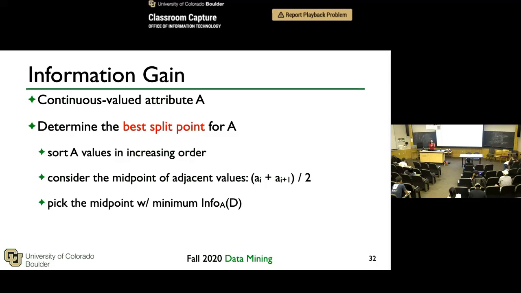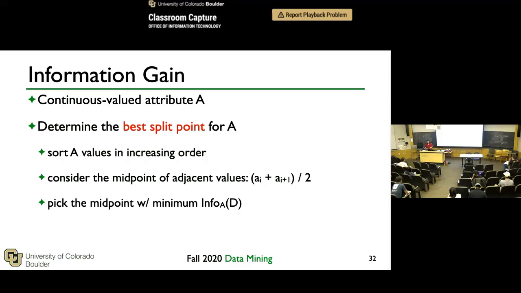As I said, if you need to enumerate all of them, it takes too long. So usually you need to look at what may be a reasonable split. Here they say to pick the midpoint with the minimal information gain, but that's hard, because there'll be too many choices.